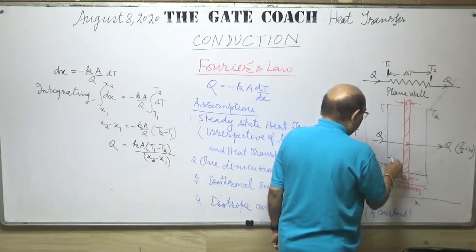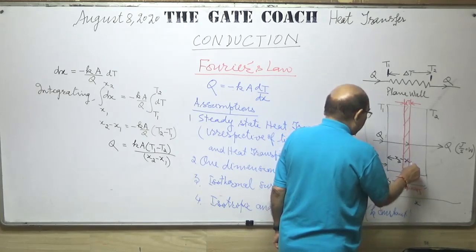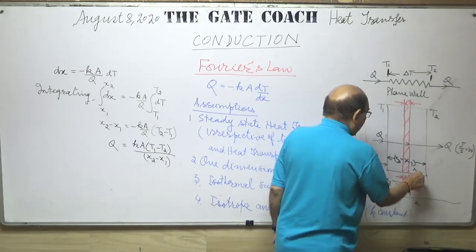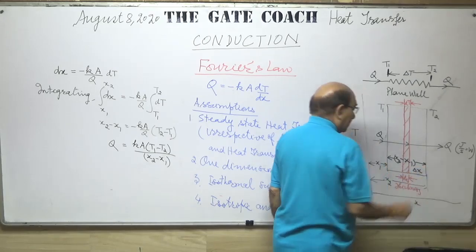So the thickness of the material, which is x2 minus x1, can be called delta x.